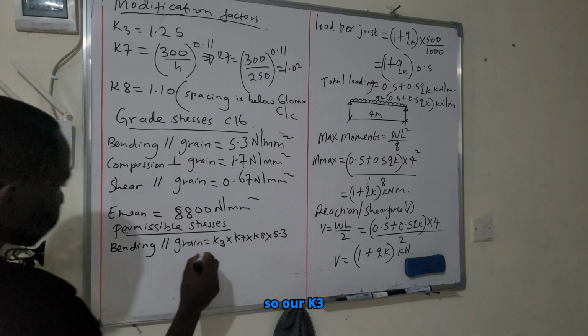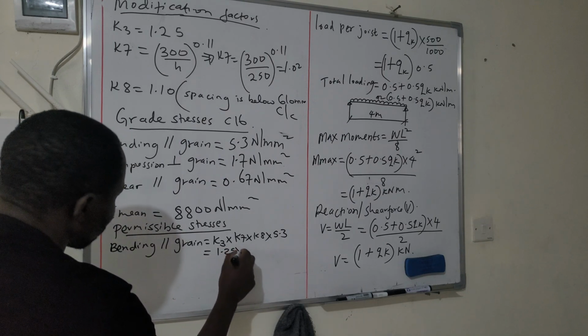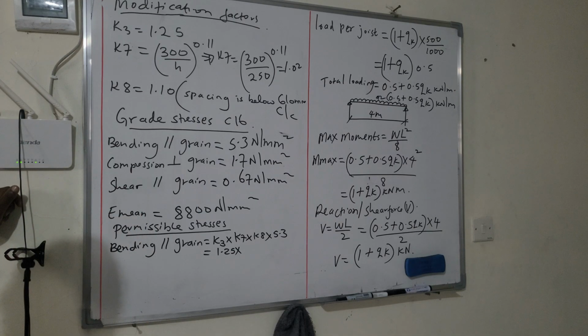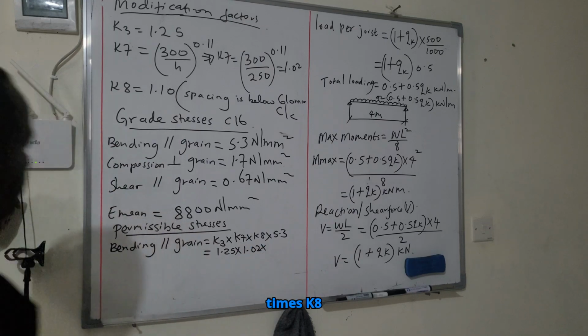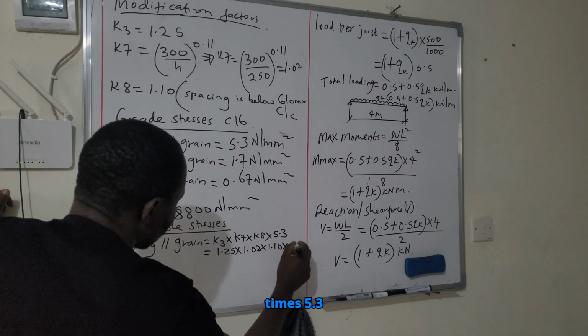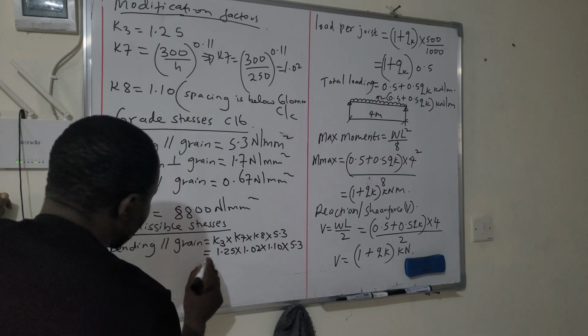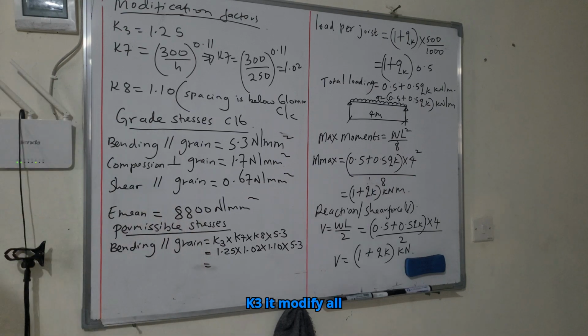So our K3 is 1.25 times K7, K7 is 1.02 times K8, 1.10 times 5.3. So remember, K3 modifies all the grade stresses, also K8, but K7 only modifies bending parallel to grain.